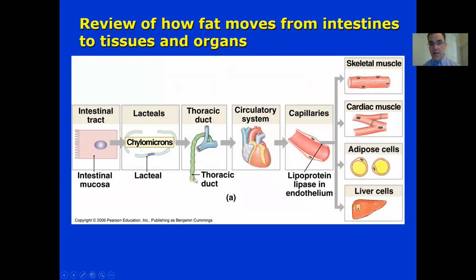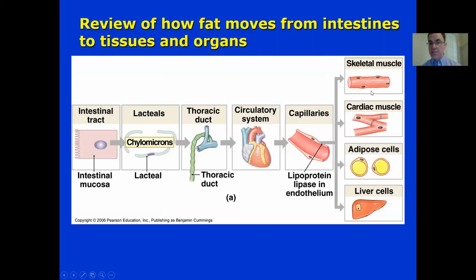The chylomicrons move through the thoracic duct into the bloodstream, into the circulatory system, and then they're going to circulate and make their way into the capillaries of the various tissues of the body, into the skeletal muscle, cardiac muscle, adipose tissue cells, and the liver cells.